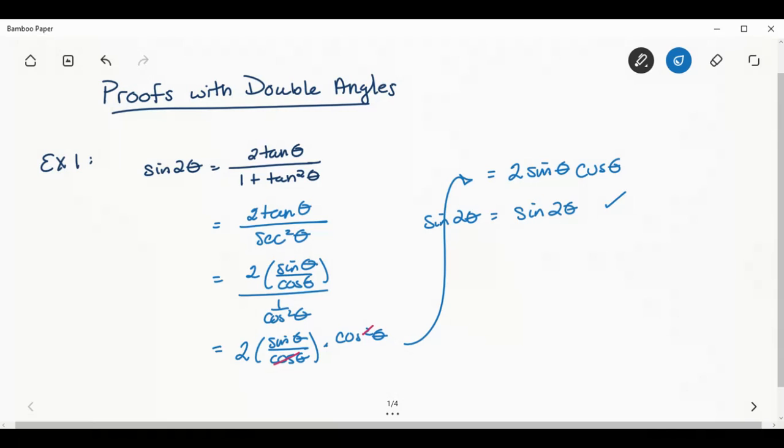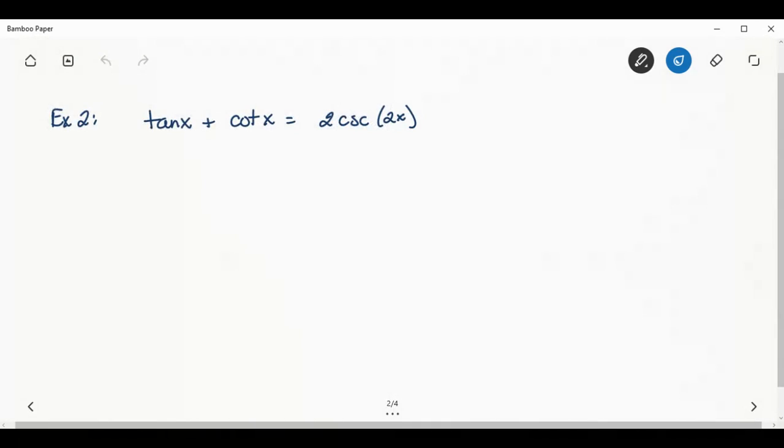The second example is a little bit more involved algebraically. You're looking to see that the tangent plus the cotangent is equal to 2 times the cosecant double angle.